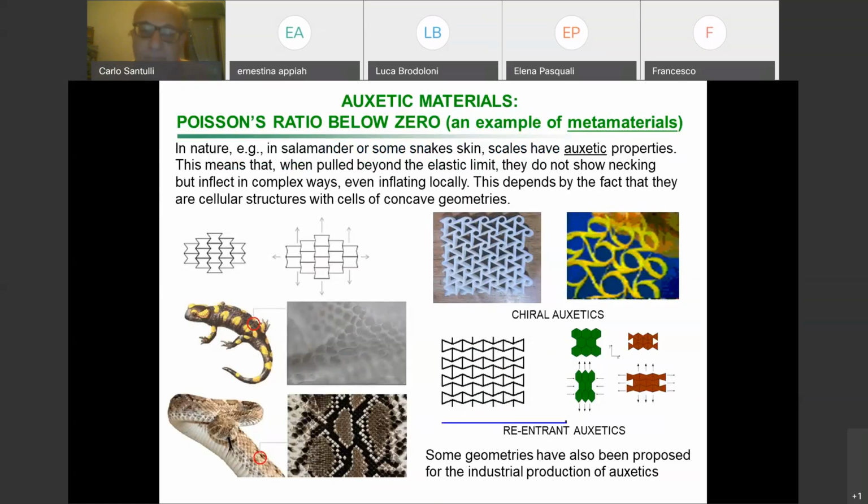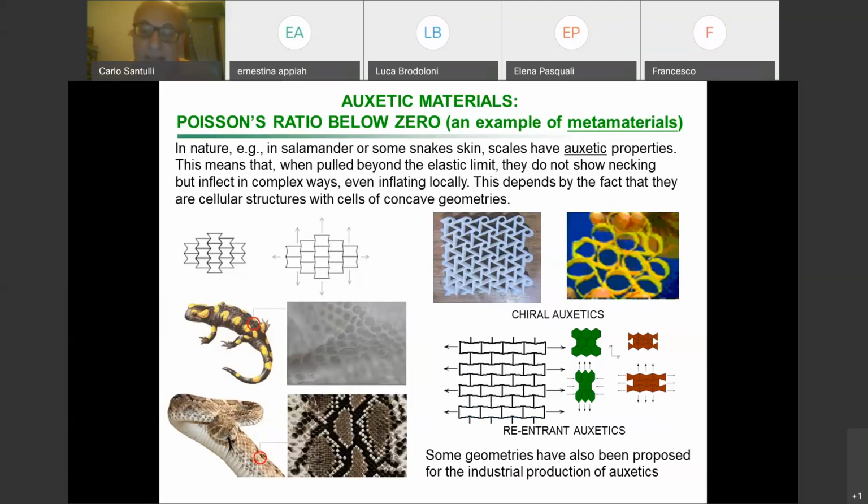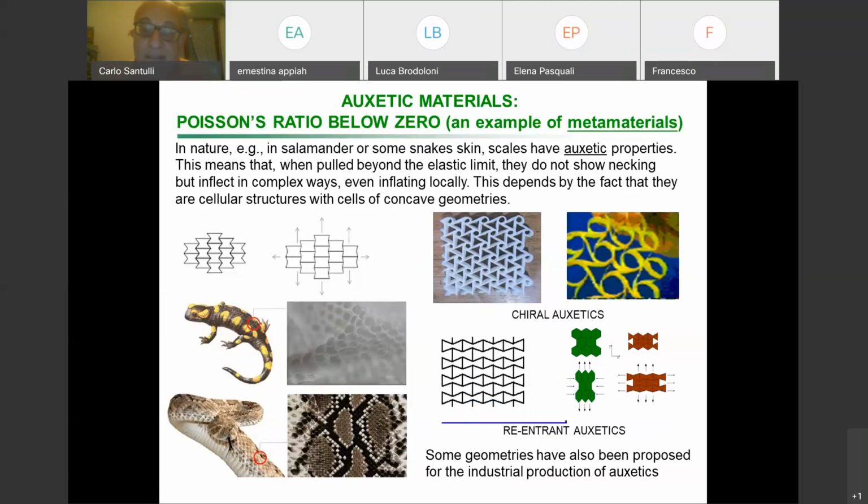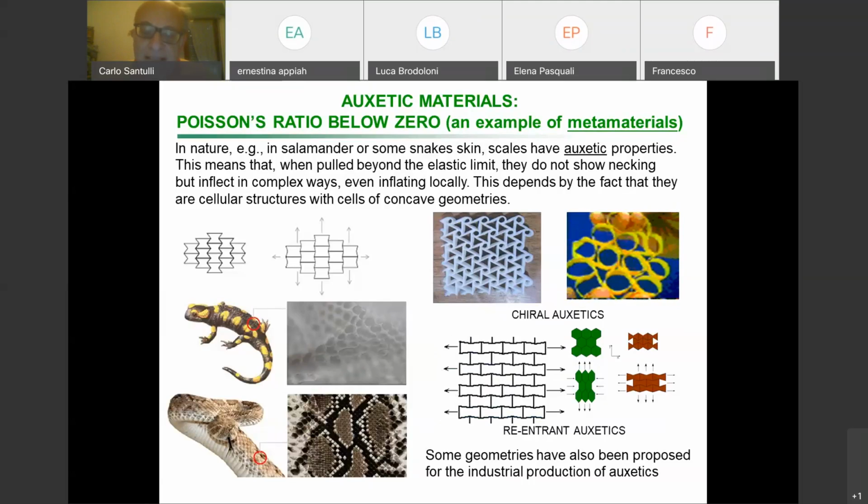We expect that a pulled material would stretch. Instead, these pulled materials inflate. And metamaterials means materials beyond the materials. It means that the effect doesn't depend on the material.